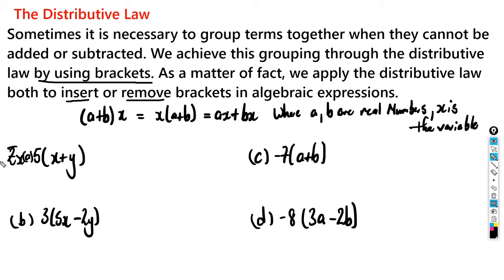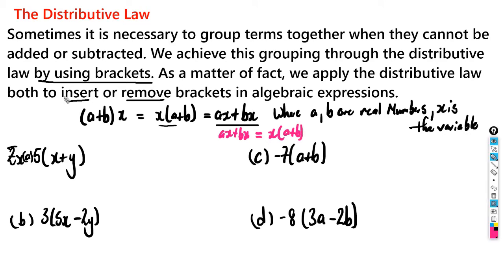And we can see here that to remove the brackets, we have x(a + b) becoming ax plus bx, right? But sometimes, guys, we actually do the opposite. There are times when we have ax plus bx, right? And what we do is insert the brackets and we put x times (a + b), right?